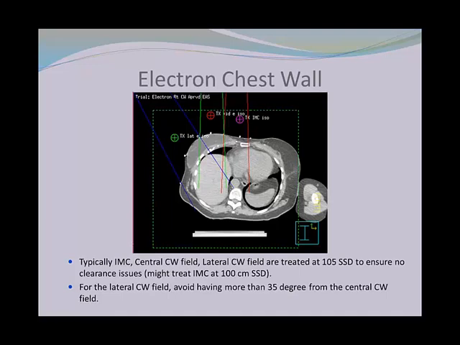And so all the field edges are matched on the skin surface, and then they want to jump the electron fields laterally 5 millimeters every week.